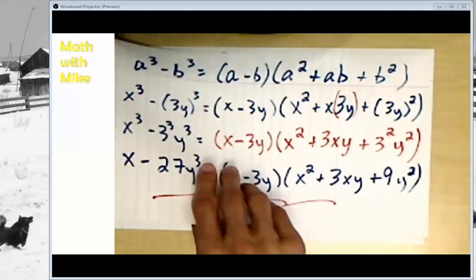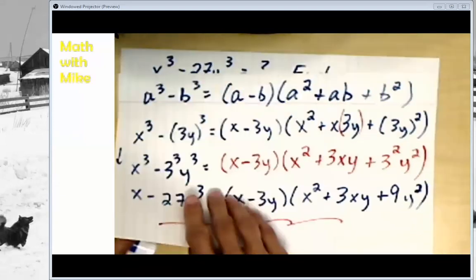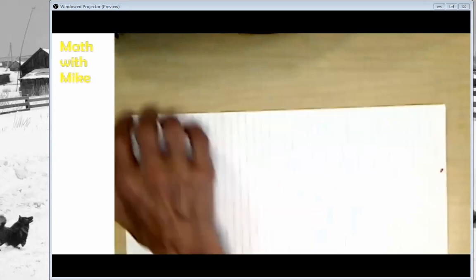We did have one last warm-up question here. But I think what we'll do is we'll leave it there for now. We'll do that warm-up tomorrow. And what I'm going to do is I'll pause for a minute and then show you the last thing we're doing, which resembled yesterday's work.